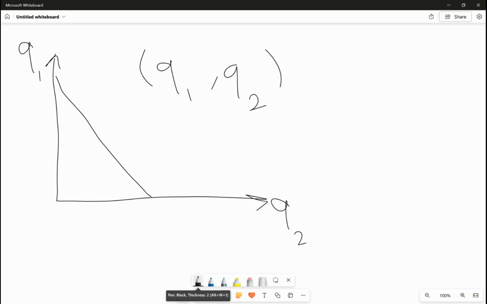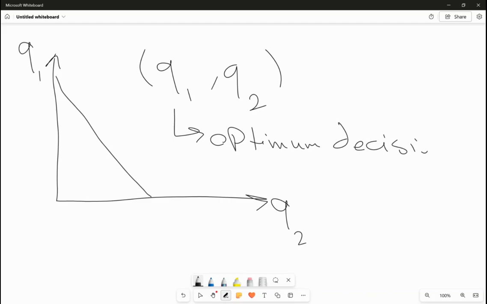So this Q1 is the optimum decision for firm 1, right? Under different values of firm 2, right? So Q2 takes each value, and under each value of Q2, Q1 is the optimum decision for firm 1, right? So each point on this line represents the optimum value of Q1 of firm 1 under each value of firm 2, right?